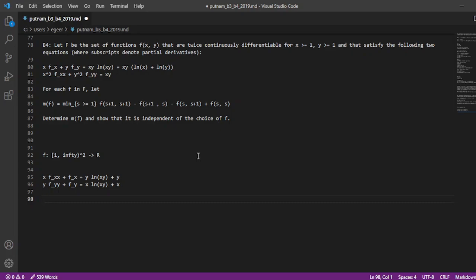We can say, I'm trying to substitute, fx plus y x ln xy plus x minus fy is equal to xy. Okay, so let's multiply this out.